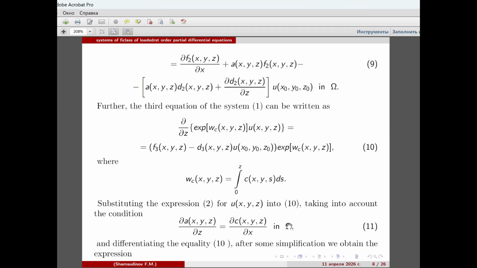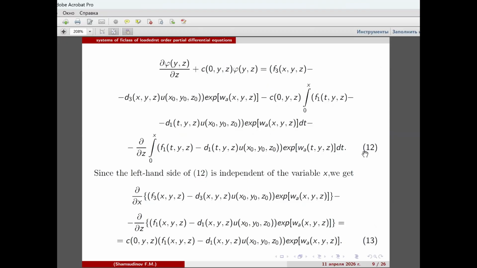Substituting the expression 2 for u(x,y,z) into 10, taking into account the condition 11, and differentiating the equality, after some simplification we obtain the expression 12.